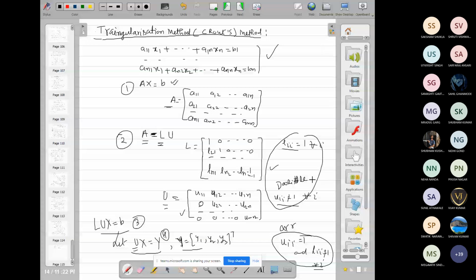And when Uii is equal to 1, this is known as the Crout method. But in some books it may be written in reverse. So we just consider the triangulation method. We may take either Lii equal to 1 or Uii equal to 1, depending upon our choice.